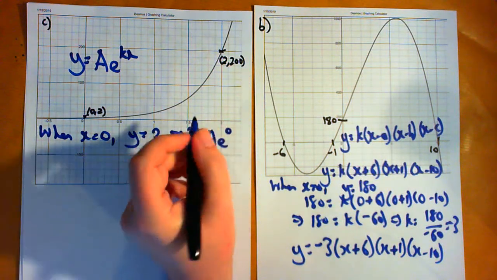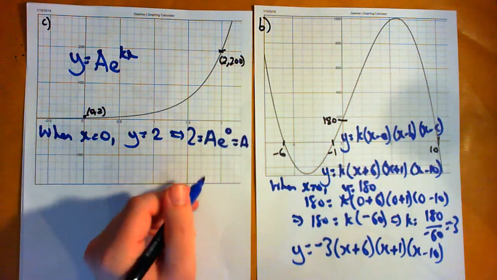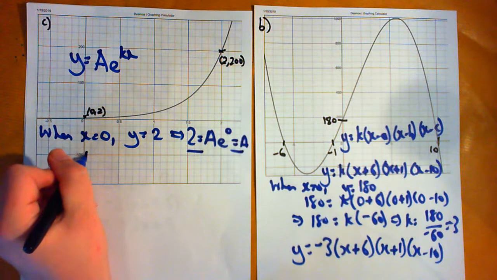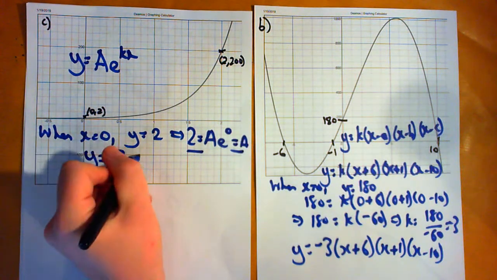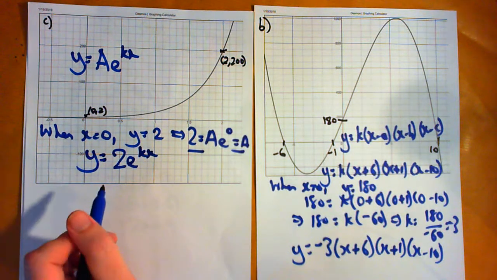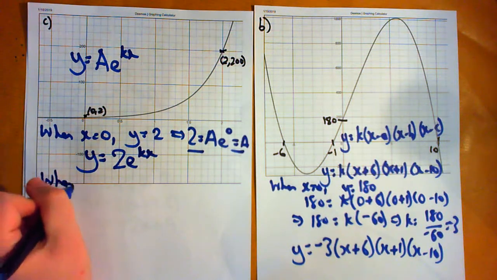But e to the 0 is 1, so this is just going to be a. So we have that a is 2. So therefore, we already know that y equals 2 e to the kx is what our graph is going to look like.